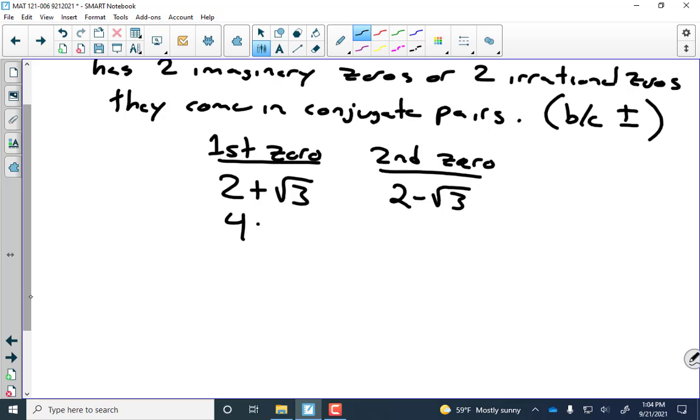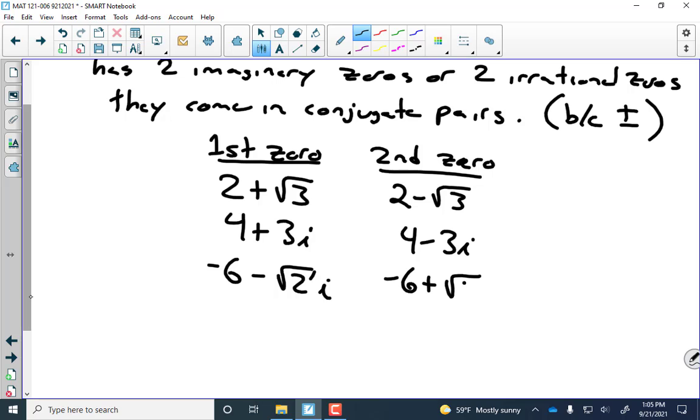That also works when they have the imaginary in them, or the i in them. 4 plus 3i, 4 minus 3i. Or even nastier, negative 6 minus the square root of 2i, negative 6 plus the square root of 2i. Because these imaginary zeros and the irrational zeros keep that plus minus in them, then you get these conjugate pairs for your zeros. It's pretty cool to know that you can kind of predict what one zero is when you know the other one.